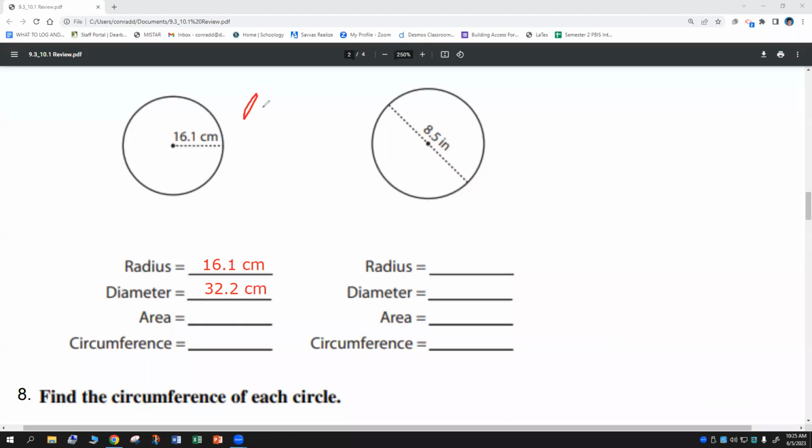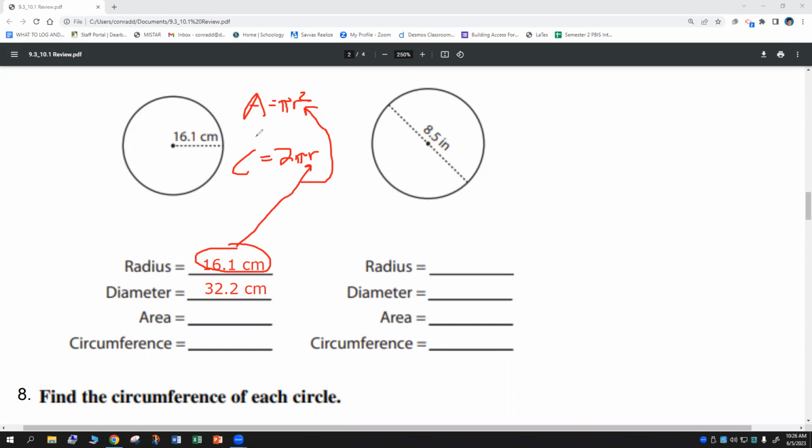Right, we know area is pi r squared, and we know circumference is 2 pi r. So all we're going to do is take that radius, and we're going to substitute it in for r in our two formulas.